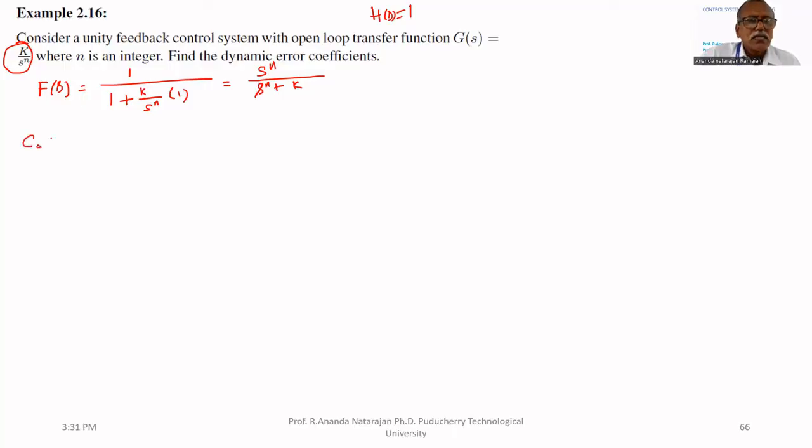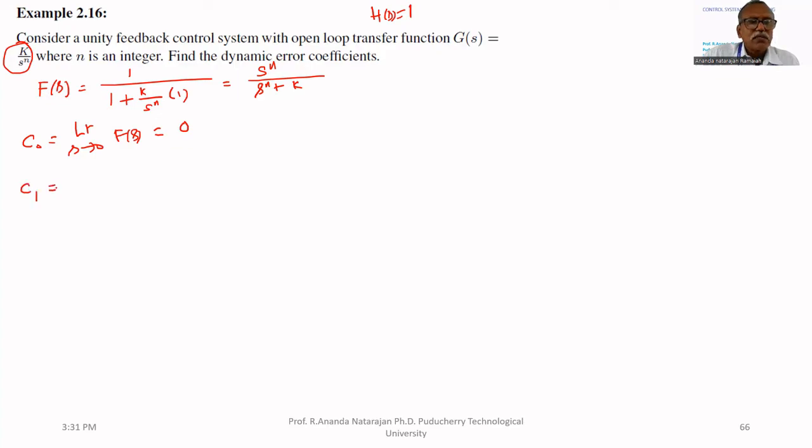So what is C naught? C naught equal to limit s tends to 0 of F of s, that is equal to 0, because if you put s equal to 0, it becomes 0.